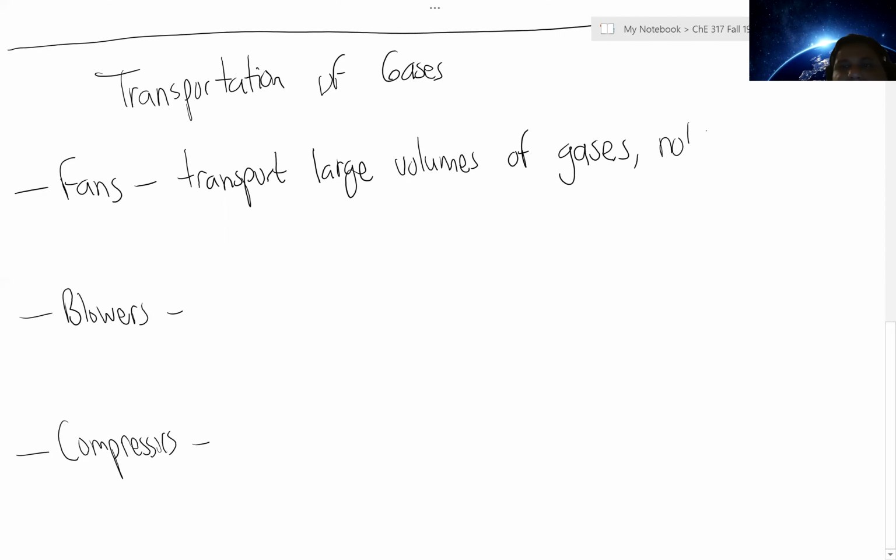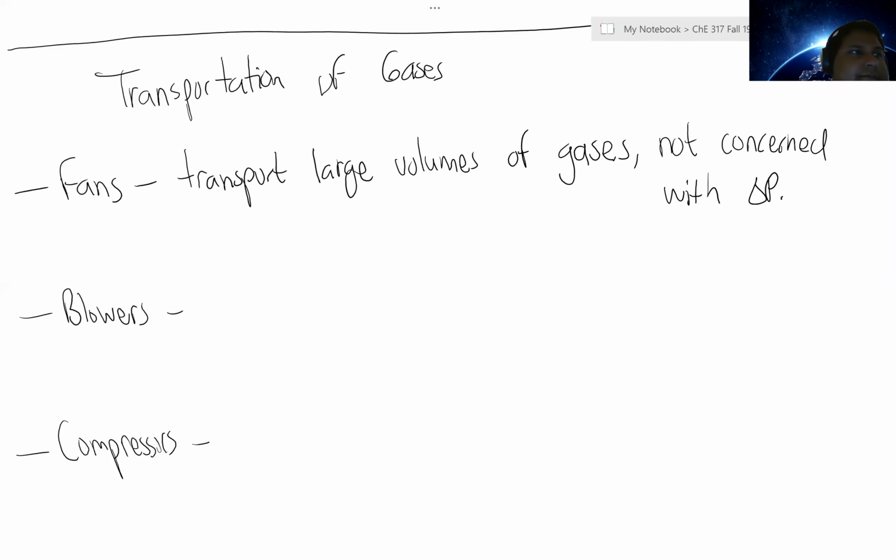And the typical thing that we're not concerned with is pressure drop. So essentially a fan is designed to apply just enough pressure to get your large volume of gas from A to B, not necessarily concerned with actually trying to demonstrate a net increase of pressure on our fluid.